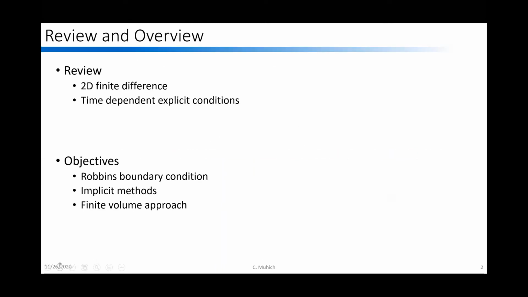Just as a reminder, last time we started partial differential equations. We talked about using the two-dimensional time-independent finite difference, where we had, say, partial squared T over partial x squared plus partial squared T over partial y squared equals 0, and how we can implement this with two boundary conditions.